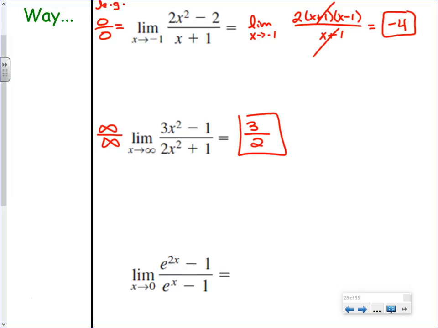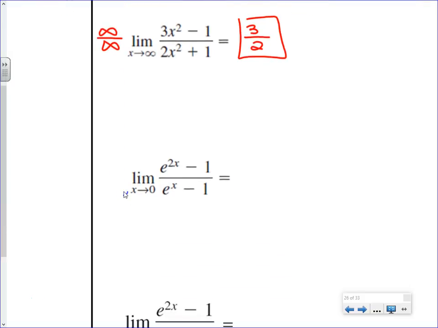We can plug in infinity, but we can't make conclusions on infinity over infinity along with the other indeterminates. Degree test, 3 halves. Next one. What's going on here? Anything to the 0 power is, and 1 minus 1 is. Okay, it's a 0 over 0 again.